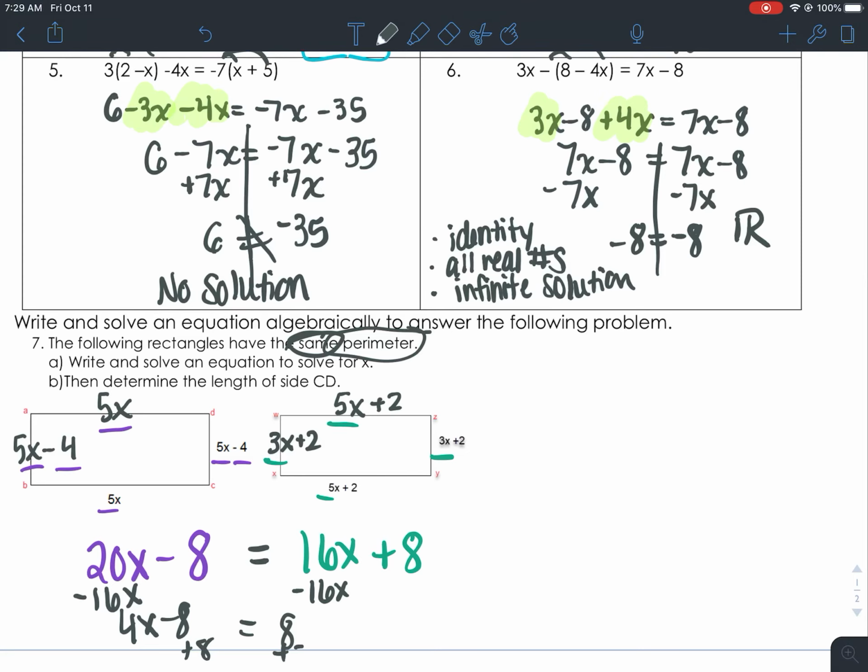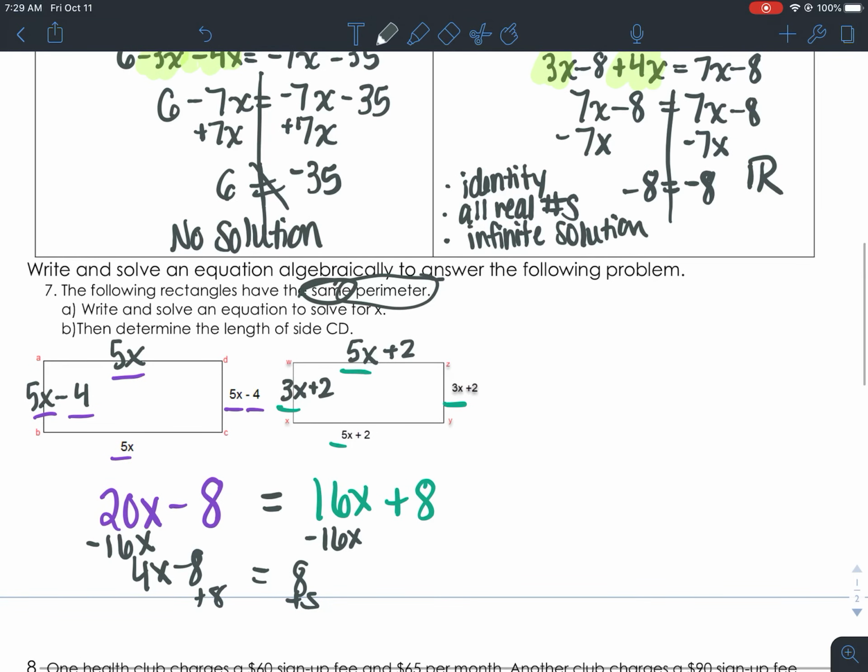Add 8 to both sides. Kind of running out of space. So this would be 4x equals 16. Therefore, x is equal to 4. So that's the first part. That's the answer to A. Write and solve an equation, solve for x. So there's where x is. X is 4.